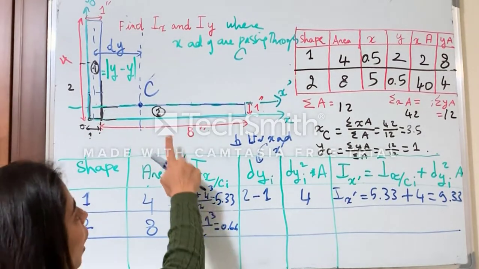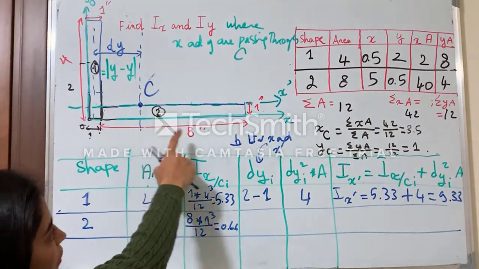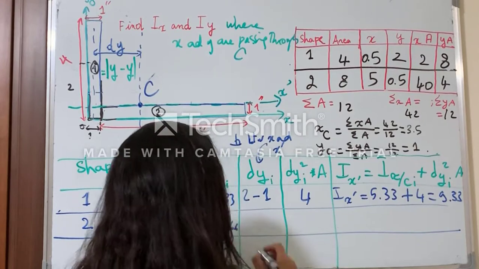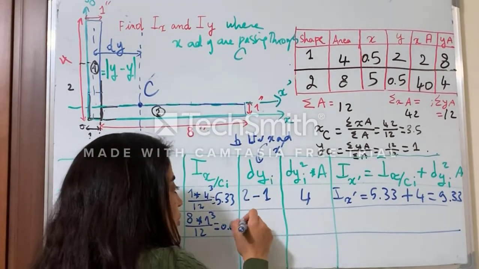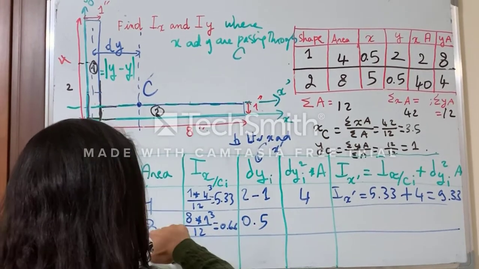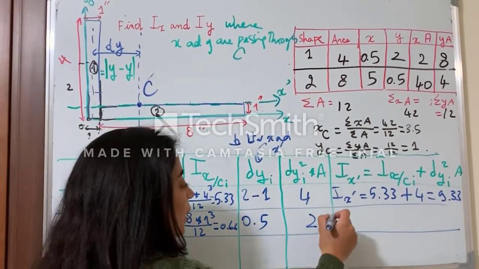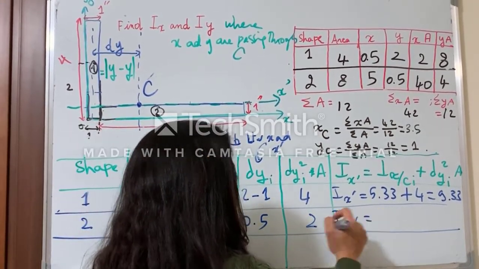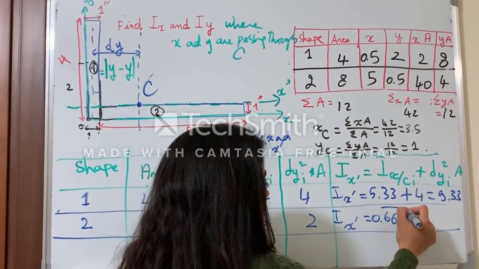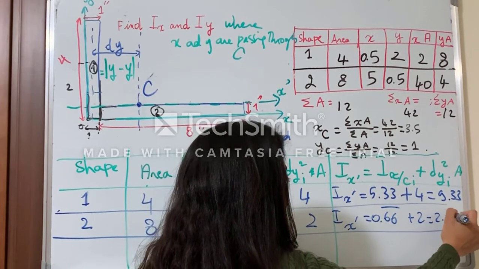And then y of the centroid for this shape is 0.5 minus 1, and the absolute value is 0.5. 0.5 squared, 0.25 times 8 is 2. And then I can find Ix prime, that is equal to 0.66 plus 2, which is 2.66.